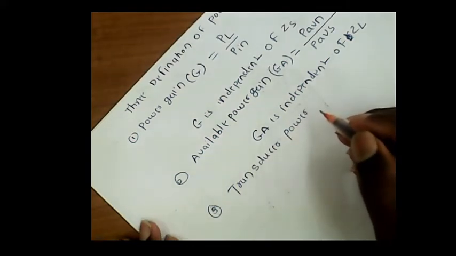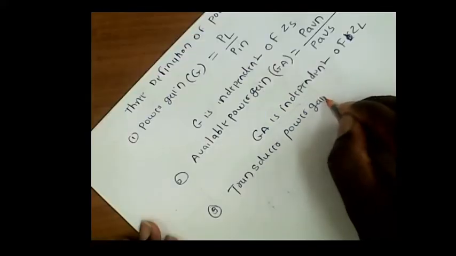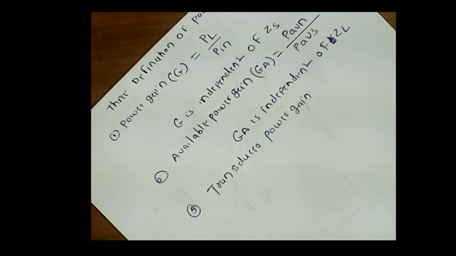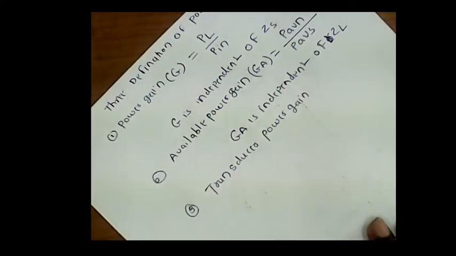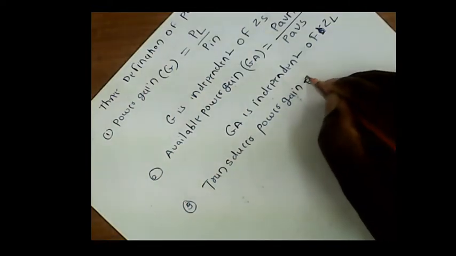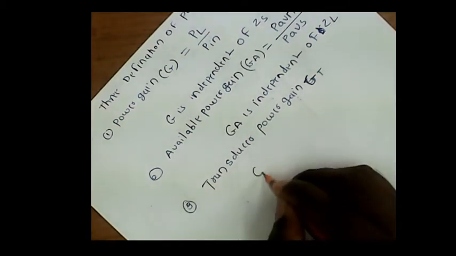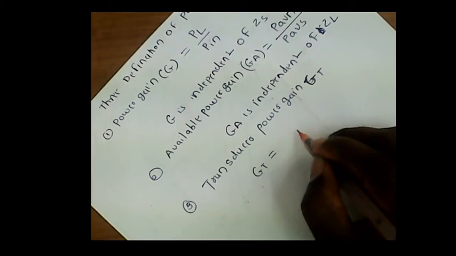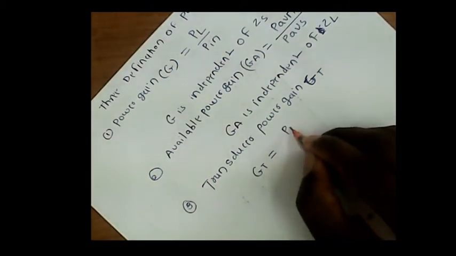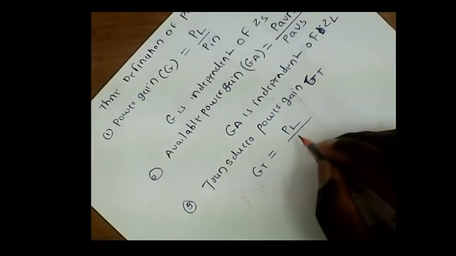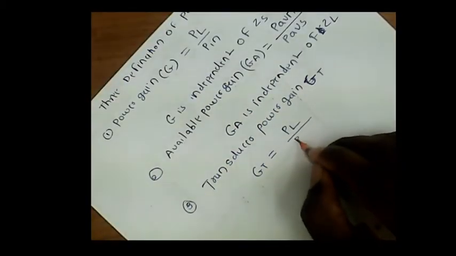Transducer power gain is denoted by capital letter GT. It is the power delivered to the load, or dissipated in the load, divided by the power available from the source.